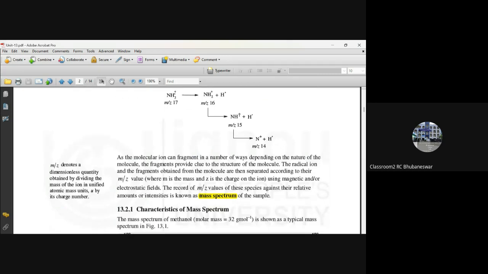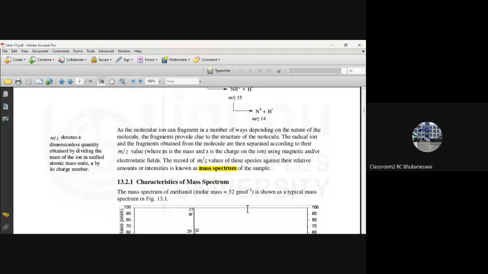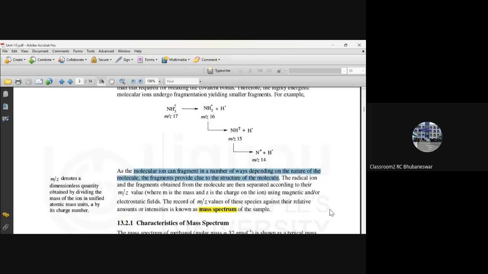As this molecular ion can fragment in a number of ways depending on the nature of the molecule, the fragments provide a clue to the structure of the molecules. From the fragments you can also predict something about the structure.